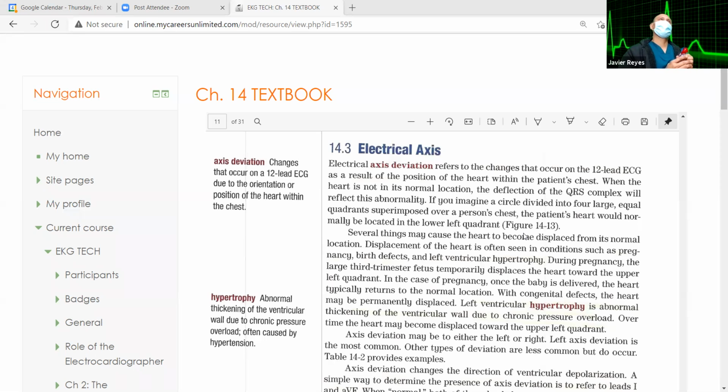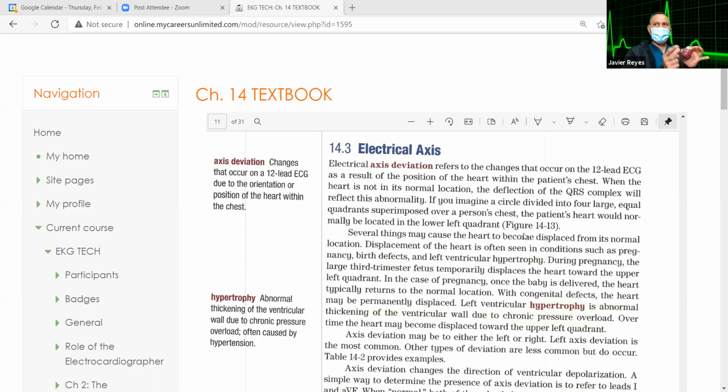I'm trying to think of a good example. When somebody has heart failure, they call it left ventricular hypertrophy. It's a fancy way of saying you have a large heart. You could also have right ventricular hypertrophy, but most commonly you see left.